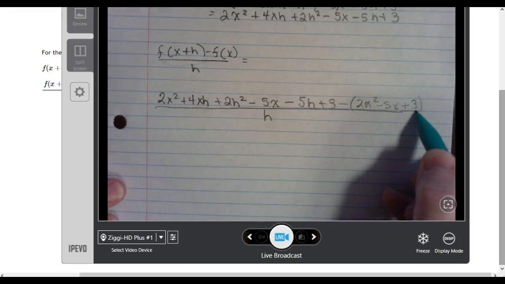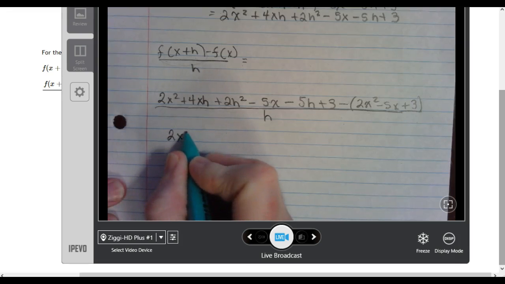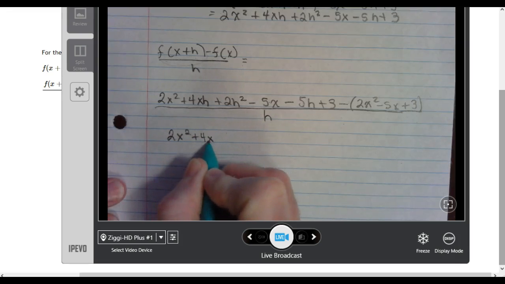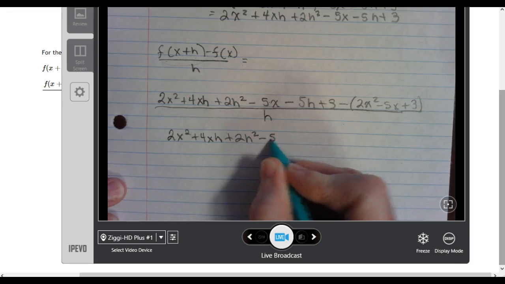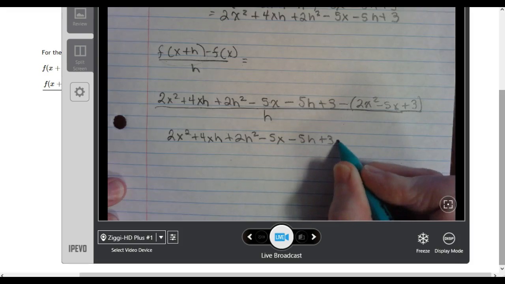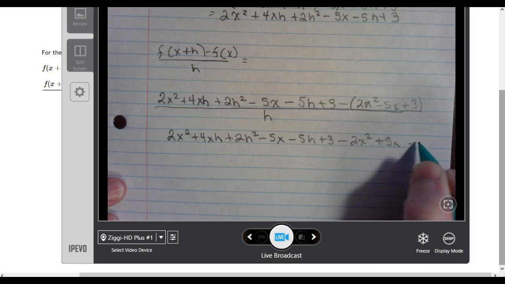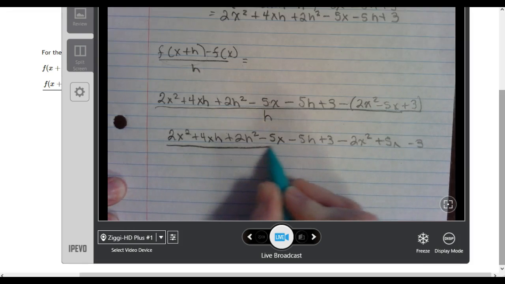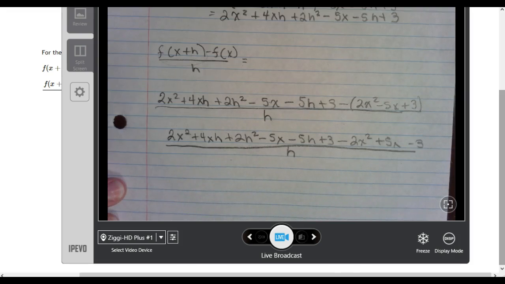All right. So I have 2x squared plus 4xh plus 2h squared minus 5x minus 5h plus 3 minus 2x squared plus 5x minus 3. And again, all of this is divided by h. So now I know we have a few things here that cancel out.